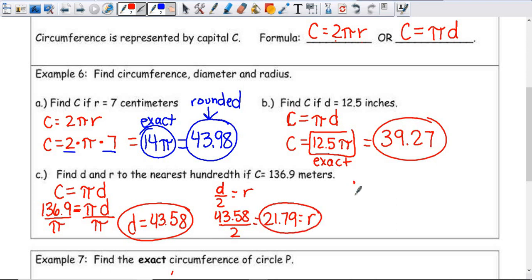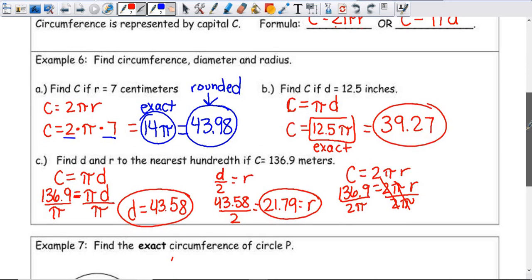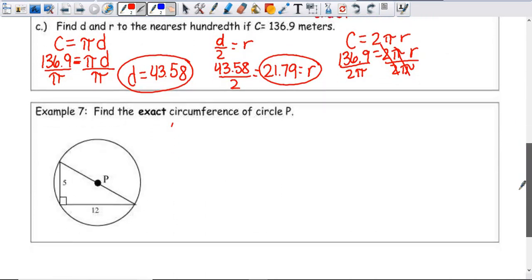You could have also actually used 2 pi r and filled in 136.9 equals 2 times pi times your radius, divided by 2 pi, and you would have gotten a similar answer for your radius. So either way you want to do it, as long as you are solving for your missing piece.